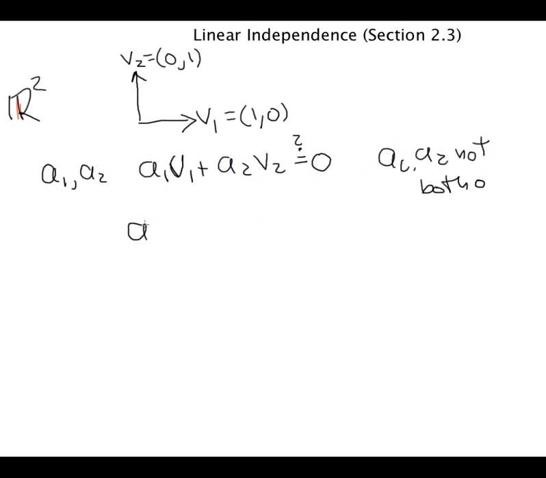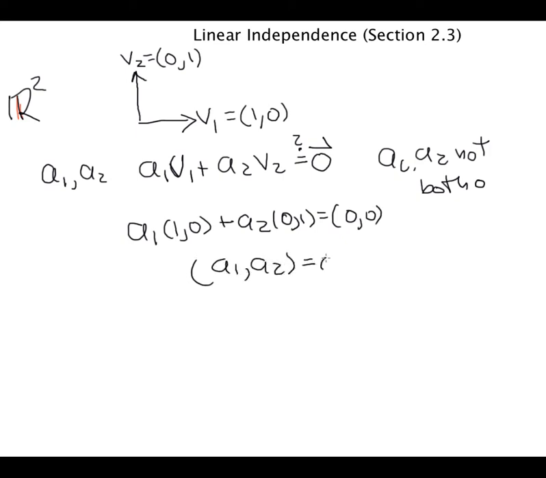Well, if you write this out, what is this? This is a1 times (1, 0) plus a2 times (0, 1). And of course, the 0 vector here is supposed to be equal to (0, 0). And that says that (a1, a2) is equal to (0, 0). And that obviously, you can only do that if a1 is equal to 0 and a2 is equal to 0.